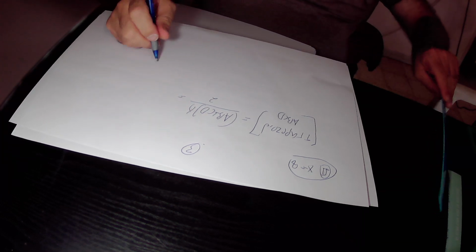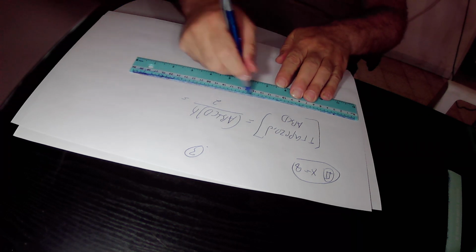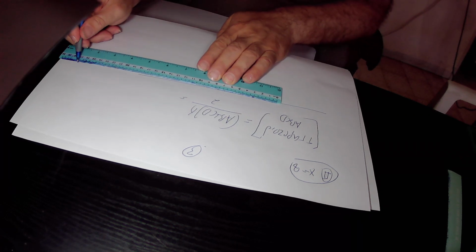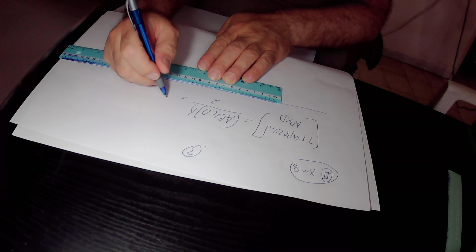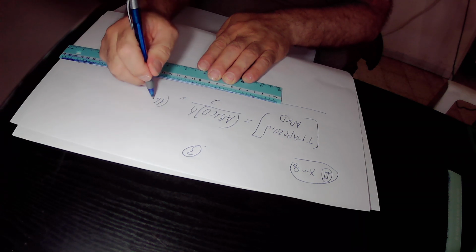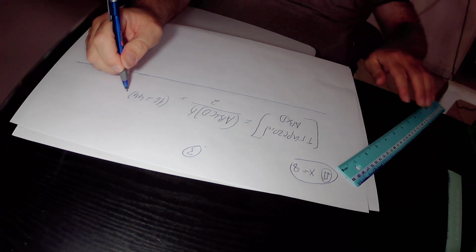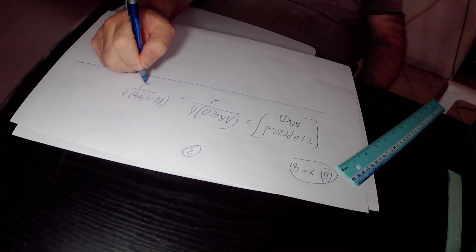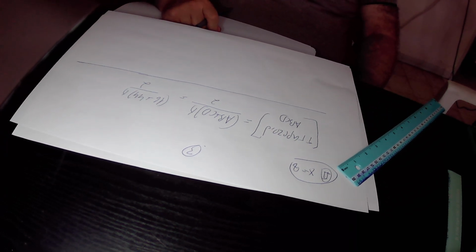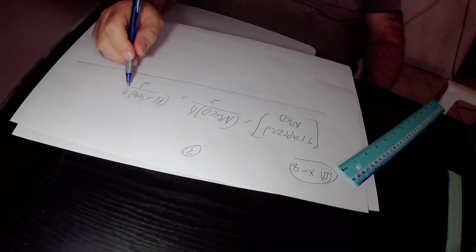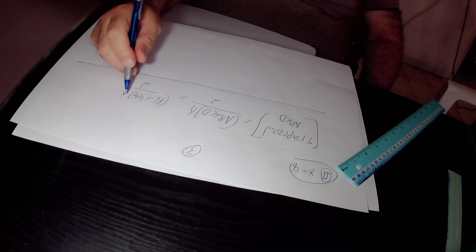So the area of trapezoid ABCD is equal to AB, that is 16, plus CD, that is 44, times the height h over 2. So actually we have to find out the height of trapezoid ABCD.